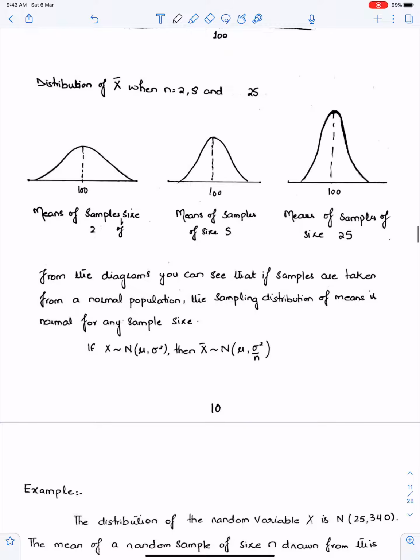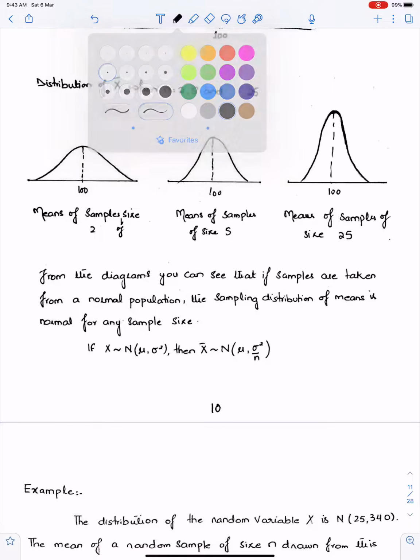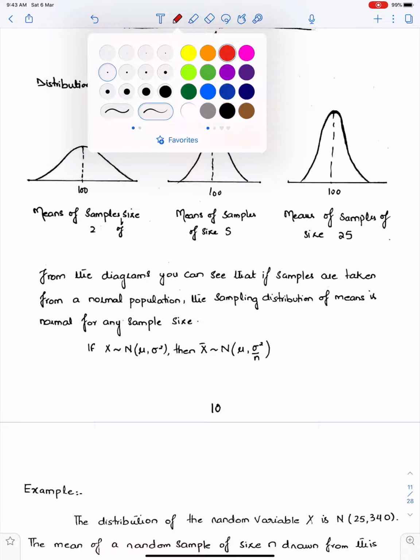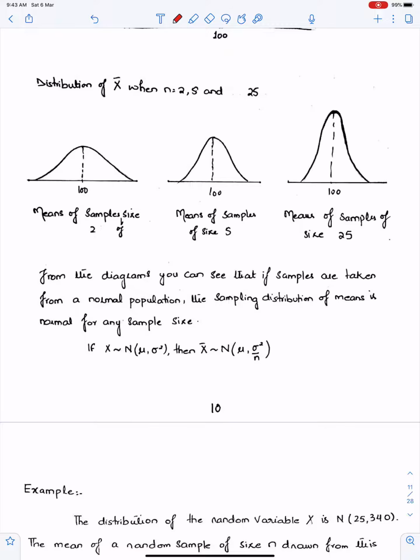From the diagrams, you can see that if all samples are taken from a normal population, the sampling distribution of means is normal for any sample size. Now let me write this here. An important thing for you all: population is normal and sigma square is known.